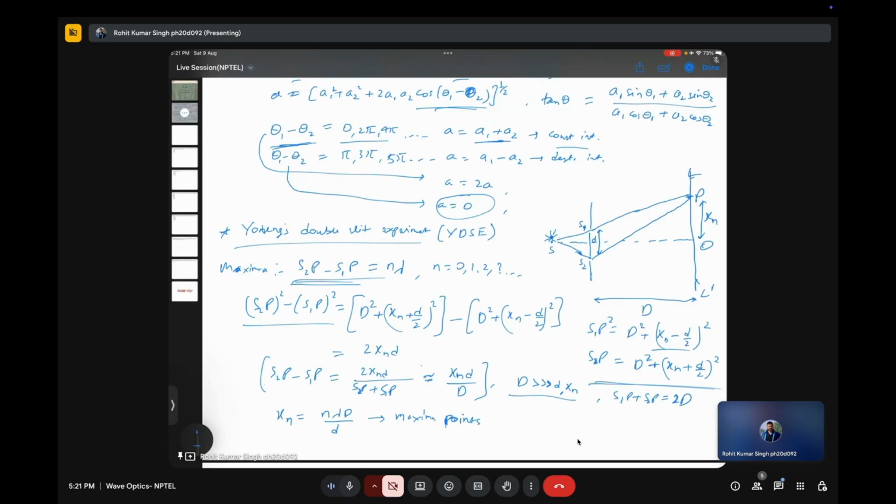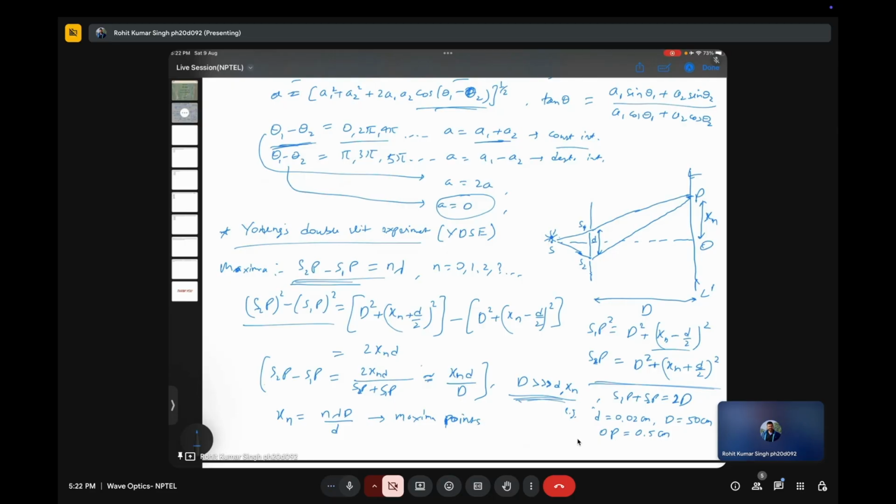If you are not satisfied with this, I'll give you some examples. Consider the distance between the two slits to be 0.02 centimeter, the distance between the screen and the slits 50 centimeter, and the distance where we are observing the pattern, let's say, 0.5 centimeter.